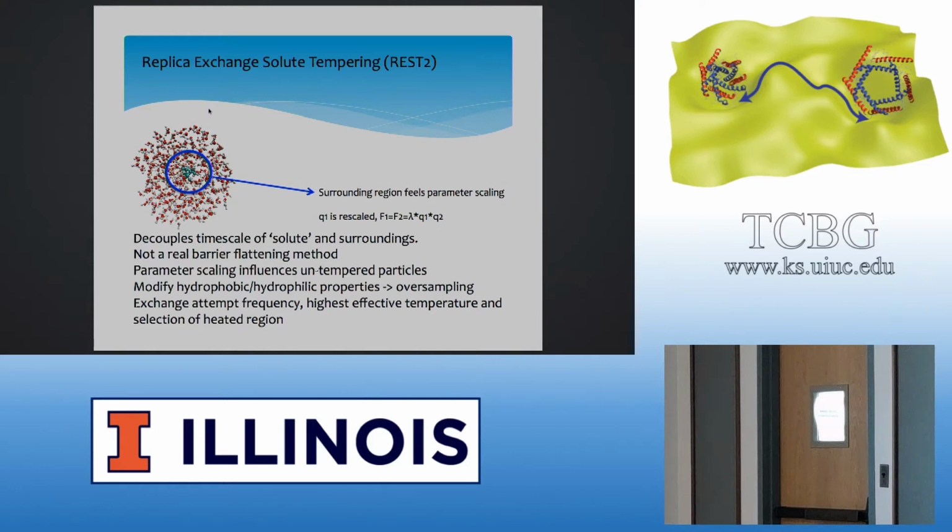And you should not apply too strong a rescaling factor, because it might modify hydrophobic and hydrophilic properties and cause oversampling. For some systems, like the F-helix system, if you apply too strong REST2, you only get the unfolded state. They never go back to a folded state.